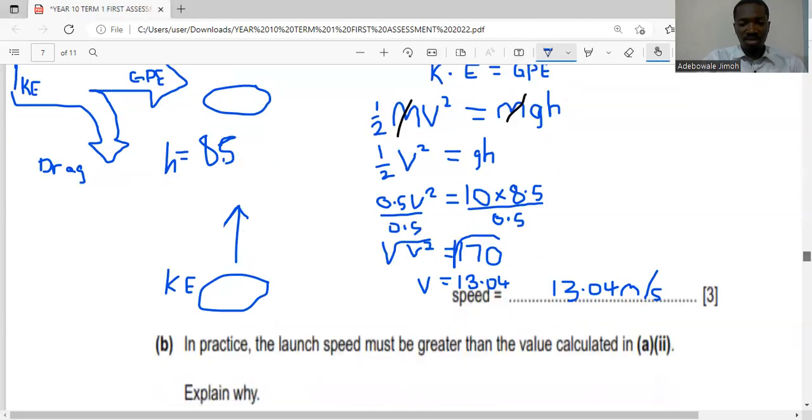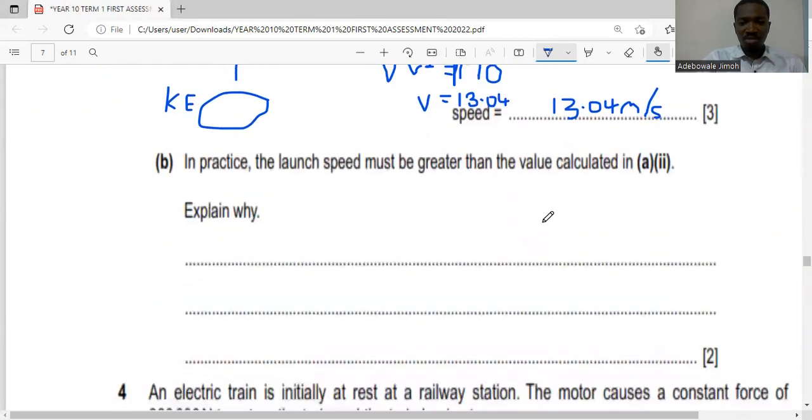So in practice, the launch speed must be greater than the value calculated in AII. Explain why. And what explanation will you give for that? You will be asked to explain why, in practice, the launch speed will be greater than the value calculated there. What explanation will you give to that?